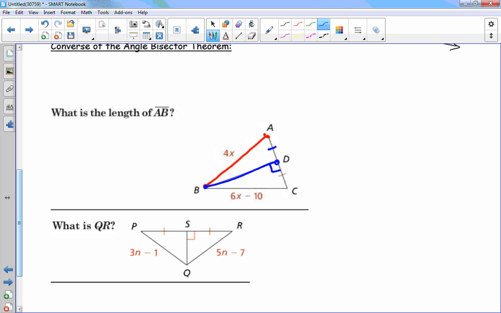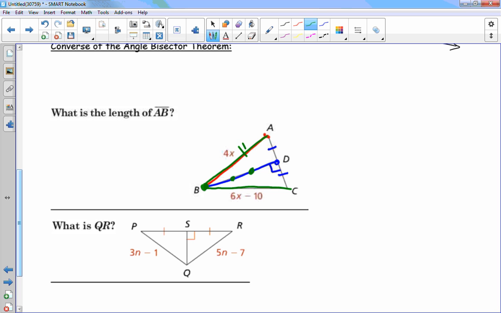So we have a perpendicular bisector. This is congruent to this because it's a bisector. And we have a theorem about perpendicular bisectors. The perpendicular bisector theorem, which we just went over, says you can pick any point on the perpendicular bisector, specifically in this case point B, and this side has to be what to this side?